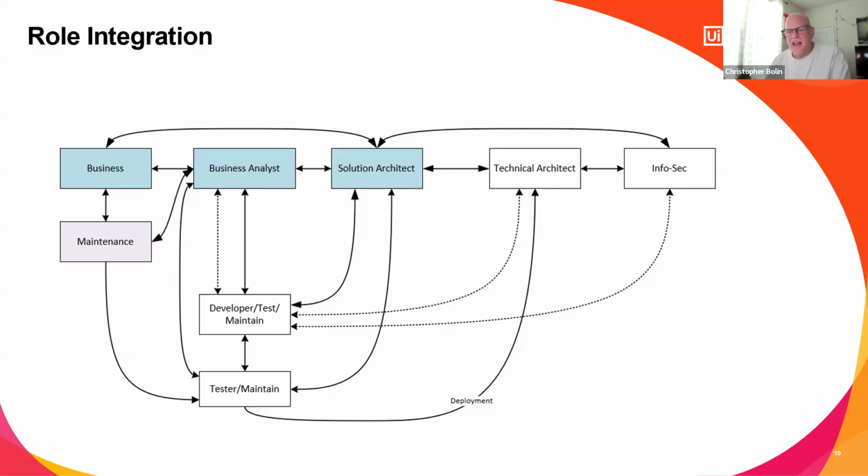So I can see exactly what exceptions the developer is going to encounter when we build this. Then your solution architect comes into play, and he's working with both your business analyst, as you can see the arrow there going back and forth, and your solution architect also has a back and forth arrow to your business, because remember, this guy is critical in a well-developed CoE.